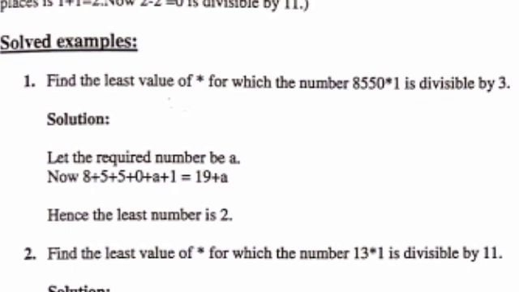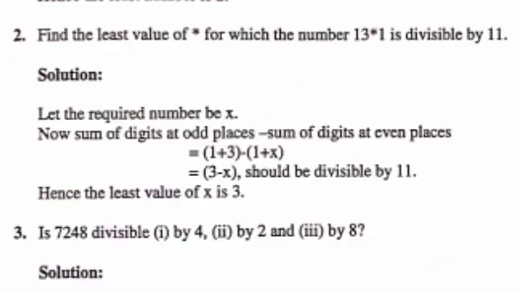So this is example 1, and next example 2 is given. Find the value of star for which the number 13 star 1 is divisible by 11. For divisibility by 11, suppose the star is x. Now we have to add the numbers in odd positions and in even positions. From the right, the odd position numbers are 1 and 3, and in the remaining positions are 1 and x.